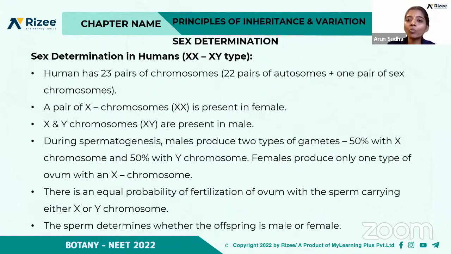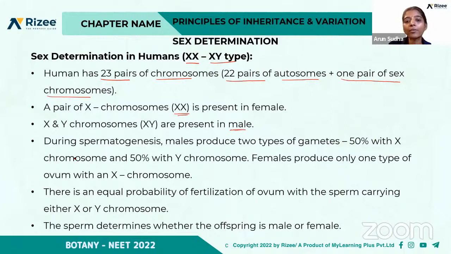So if you take the humans, that is XX and XY type. Human has, we saw, 23 pairs of chromosomes, and among these 23 pairs, 22 pairs of autosomes and 1 pair of sex chromosomes, right? So autosomes and allosomes. So a pair of X chromosomes, that is XX, is present in female, and X and Y chromosomes are present in male.